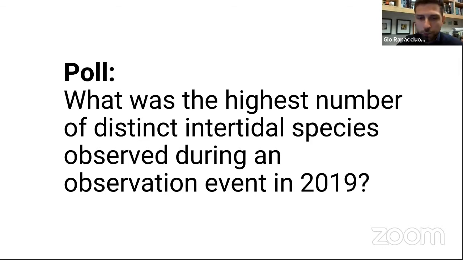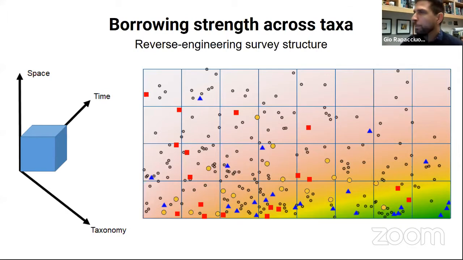I'm not gonna highlight who it was, but another crucial thing that aggregating different observations allows us to do is this idea of borrowing strength across taxa. What it means is that we don't actually want to look at just the observations for a single species when we're analyzing our naturalist data. And that's even if we're only interested in patterns for that specific species.